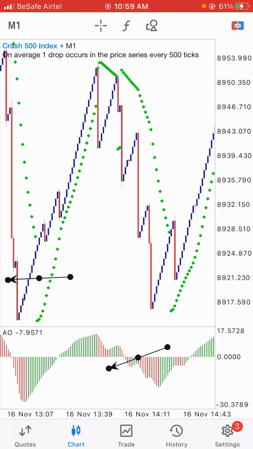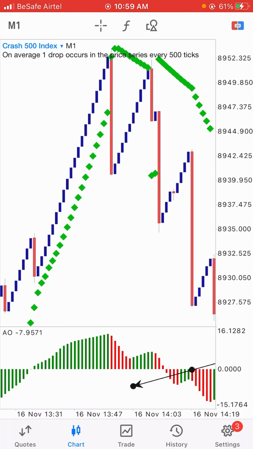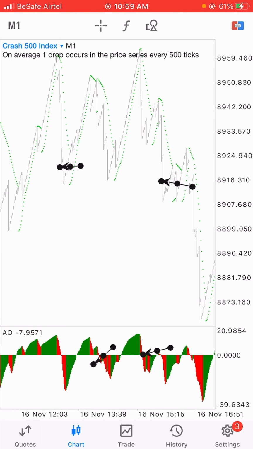Before I forget, I checked my YouTube channel and I saw a lot of comments asking what zoom level I use. You can see my zoom level. Okay, let me start from here.